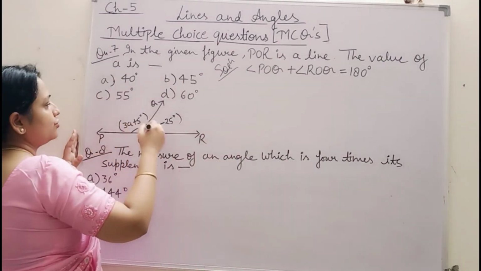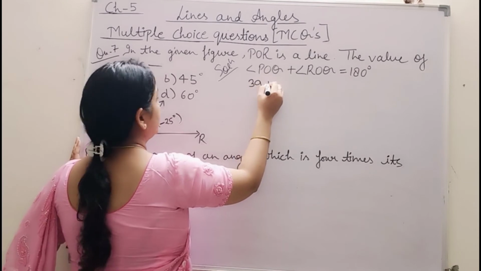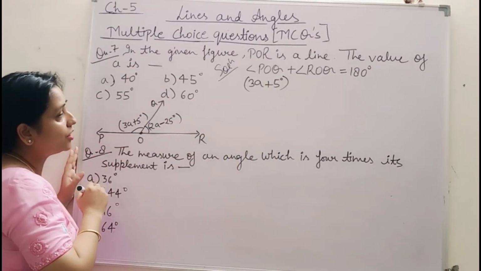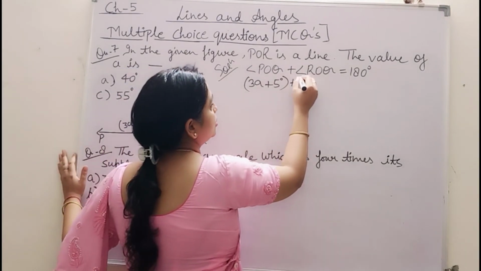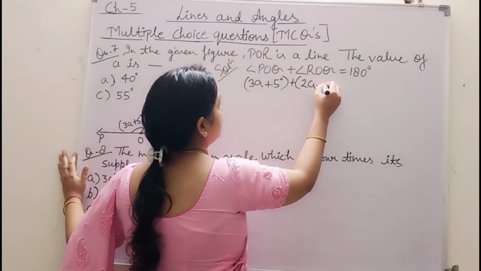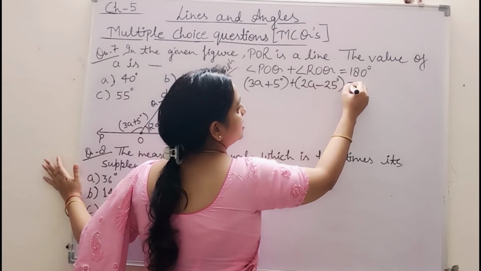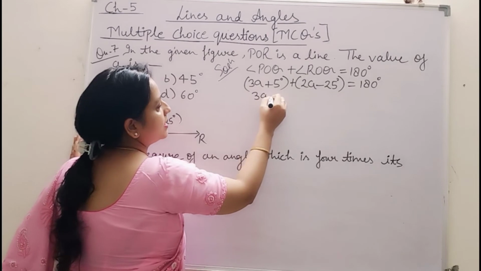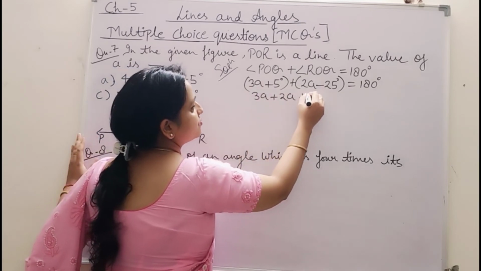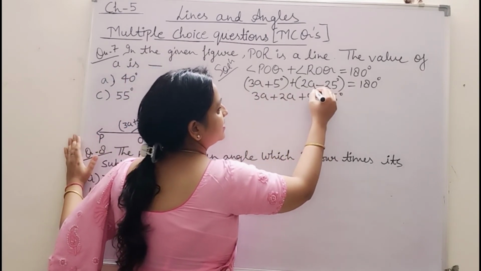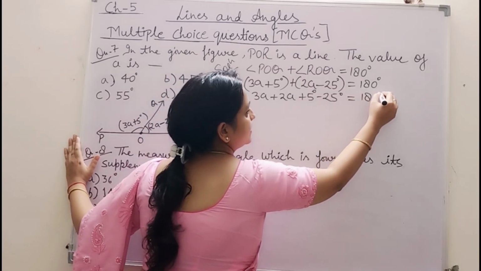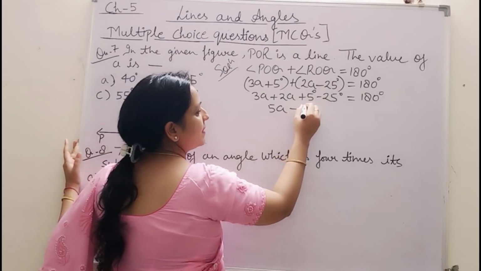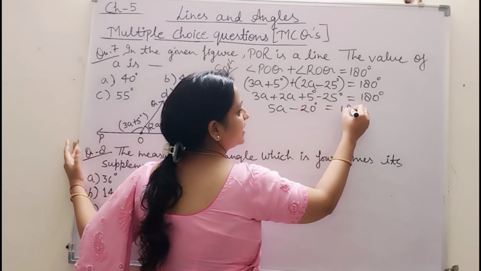We know that angle POQ is equal to 3A plus 5 degrees and angle ROQ is equal to 2A minus 25 degrees. Now we have to open this bracket. So 3A plus 2A plus 5 minus 25 degrees is equal to 180 degrees. 3A plus 2A will become 5A, and here it is minus 20 degrees is equal to 180 degrees.